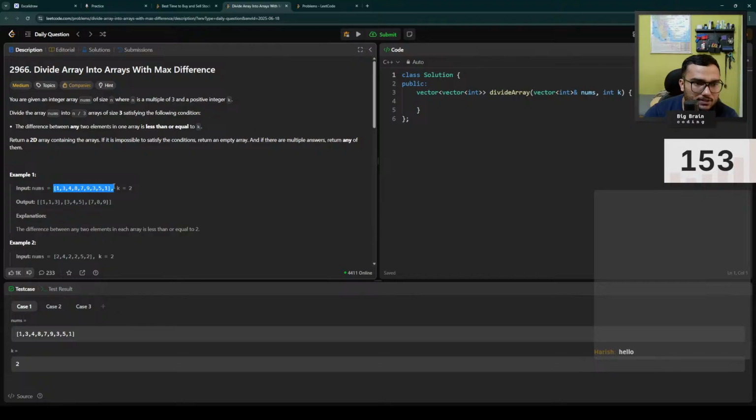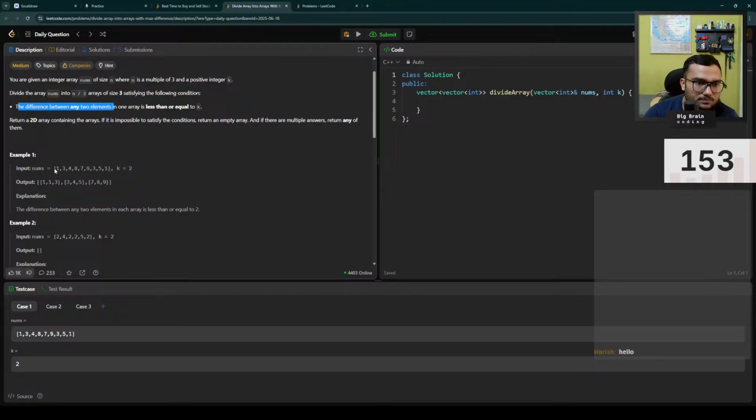So for example, this, right? 1, 2, 3, 4, 5, 6. There are 9 elements here. K is 2. So I have to divide it into n by 3 arrays. 9 by 3 is 3. So into 3 arrays of size 3. And the difference of any two elements in one array is less than or equal to k. Is it all positive integers?